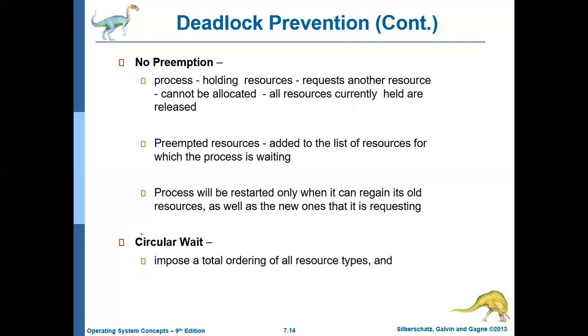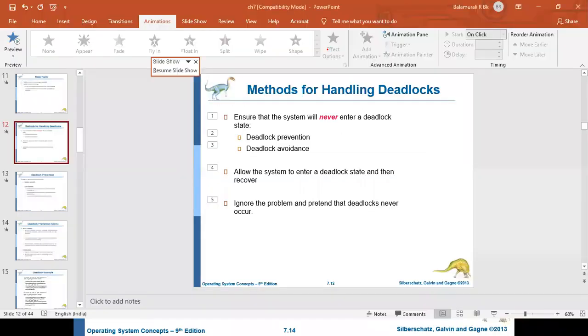We give some ordering on all resource types, and then process requests for resources will be satisfied in an increasing order of enumeration. So what does it mean? Let us try to understand how to avoid circular wait with an example.